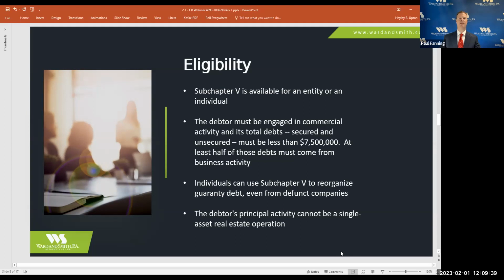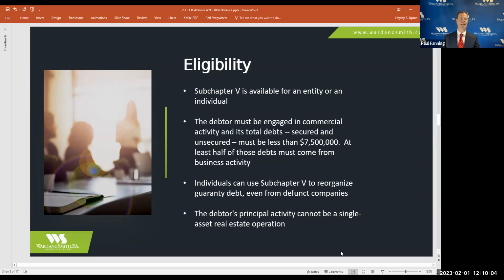Nonprofits are eligible, but reliance on speculative future donations is really a high hurdle to cross over. And where we're talking about sole proprietorships, we're basically talking about an individual. That's an individual case.